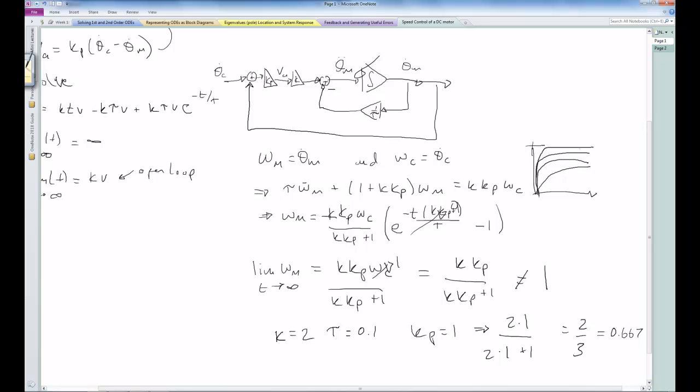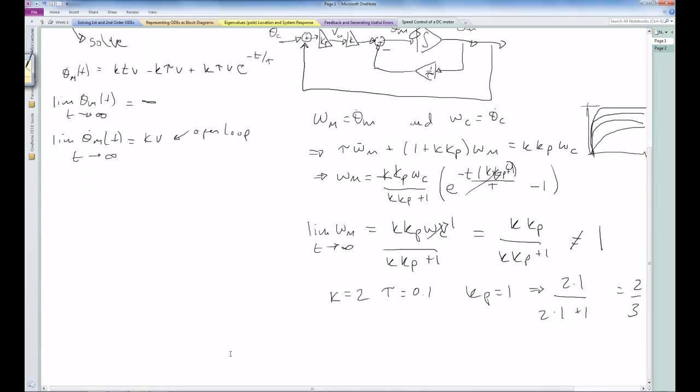So what do we do about this? Well, tomorrow we're going to look at a way to get around this. This, by the way, is called proportional control. This control law of VA equals kp times theta c dot minus theta m dot is proportional control.